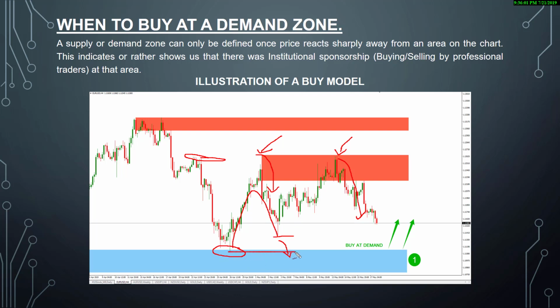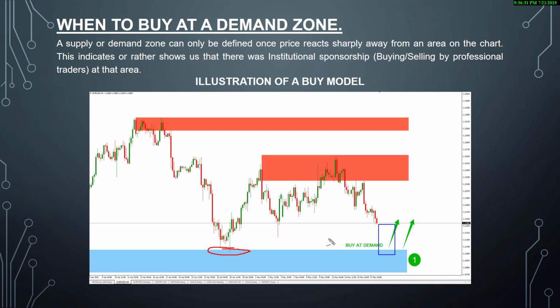So now you must always look for bullish evidence the moment price comes back into an area like this one. In this example, you look to buy when price retests this demand area. Sorry, that's a demand area, not a supply.